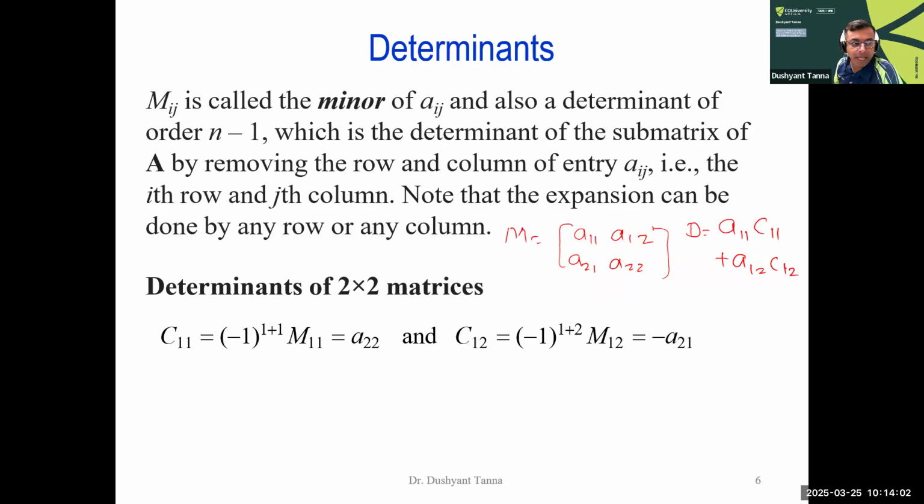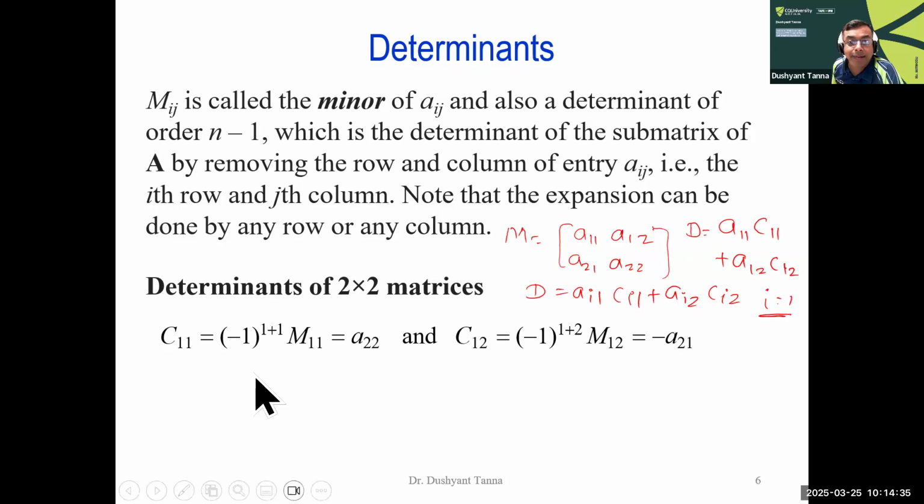Now, you can write in general that the determinant D will be Ai1 Ci1 plus Ai2 Ci2. Up here, we have taken i equal to 1. Now what are the cofactors?